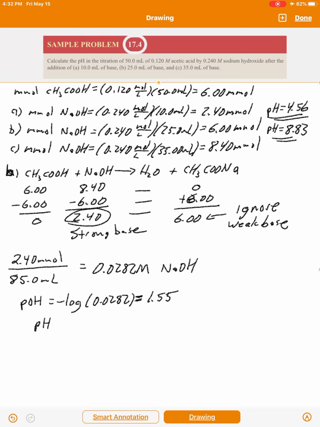And the pH would be 14 minus that. 12.45. Okay, there's our three values. We've got them all there. Acidic, basic, and then very, very basic for part C.